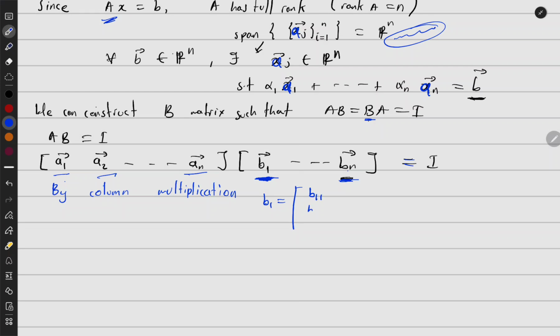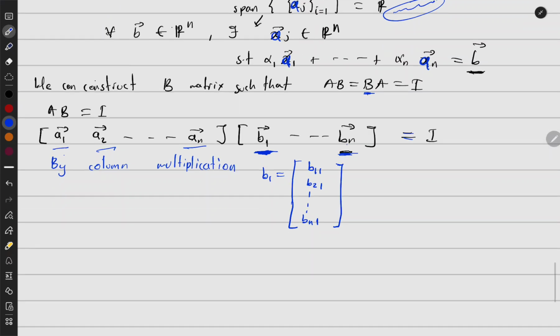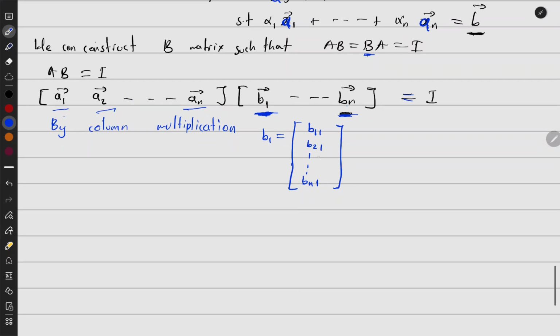Remember, the column comes last. It's the column that remains the same up to BM, but this is still a 1. So this column here multiplies all the matrices here, and that will give us just a single element within I.